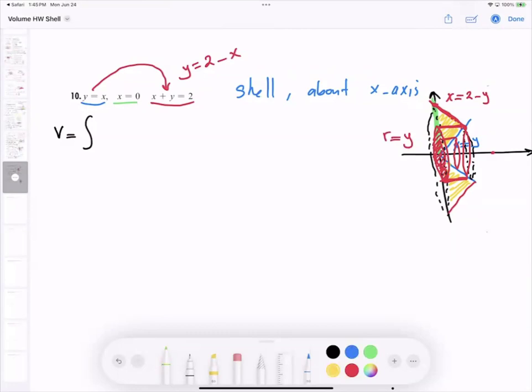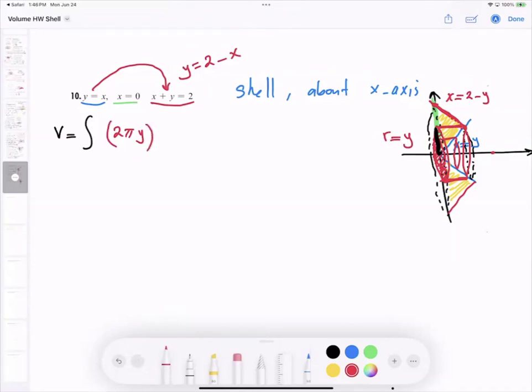So the circumference is 2 pi y. It doesn't matter if you use the larger volume or the smaller volume, the circumference of the cylinder depends on y. So far you have 2 pi times y.